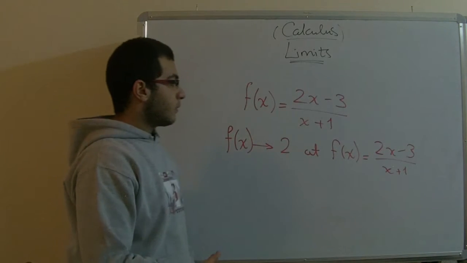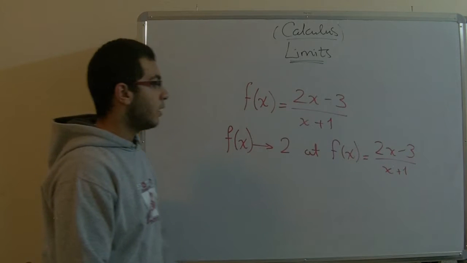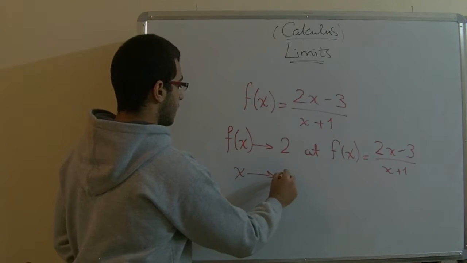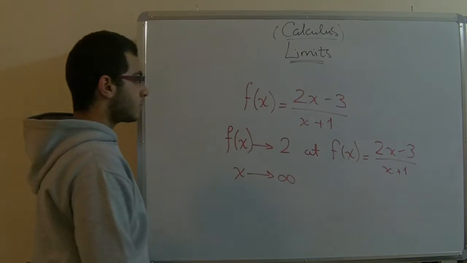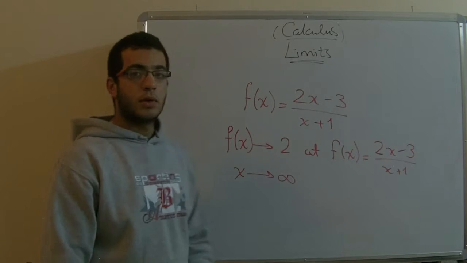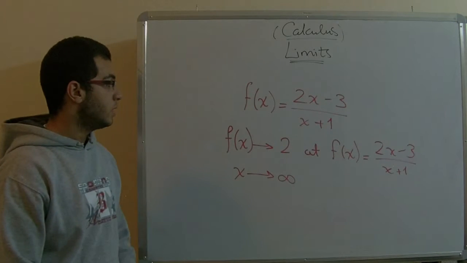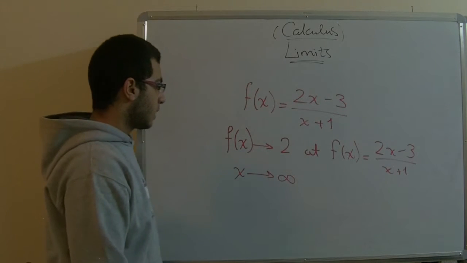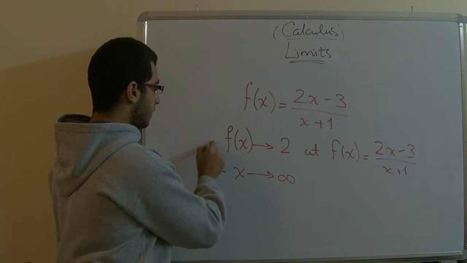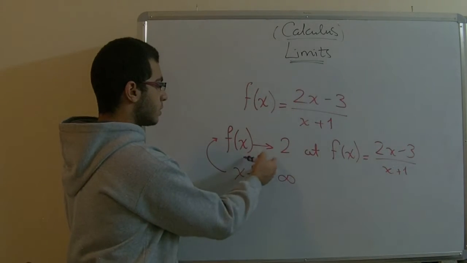So as we increase the value of x, it means that x is approaching infinity. So that's what our term means, the limit of a function to infinity. As x approaches infinity, f(x) will approach 2.